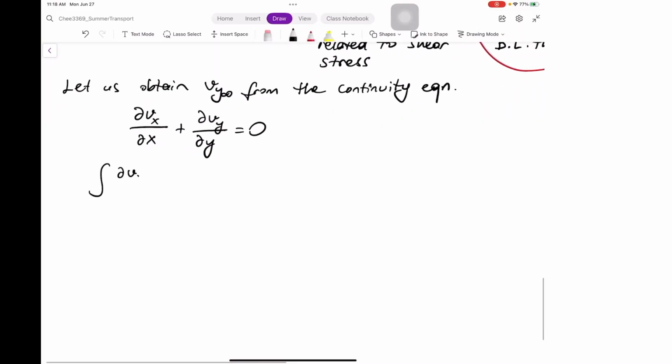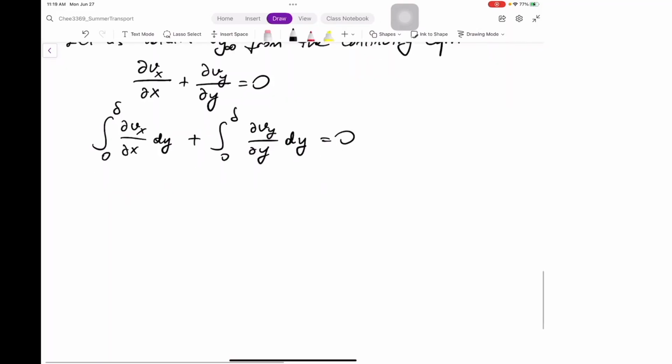Integral del Vx over del x dy from 0 to delta plus integral from 0 to delta del Vy over del y dy is equal to 0, right?